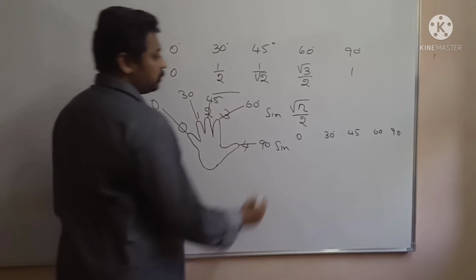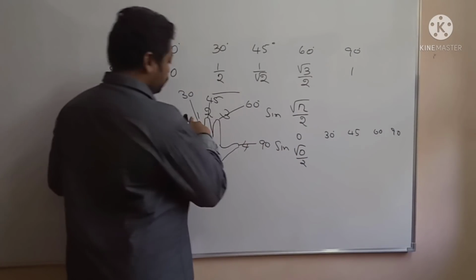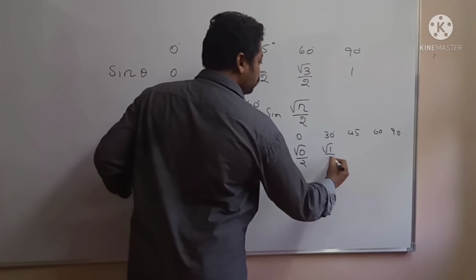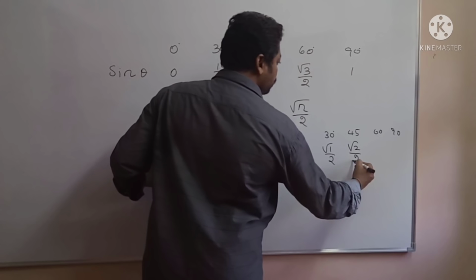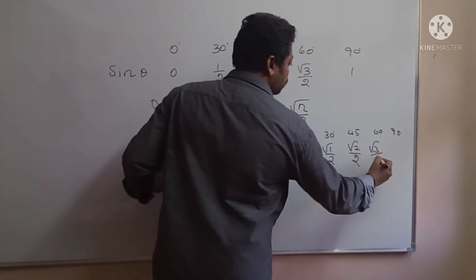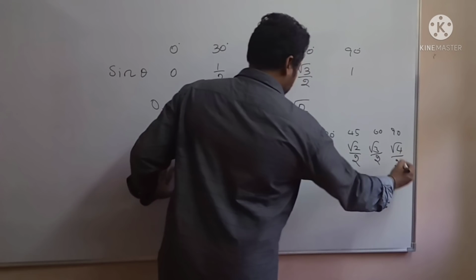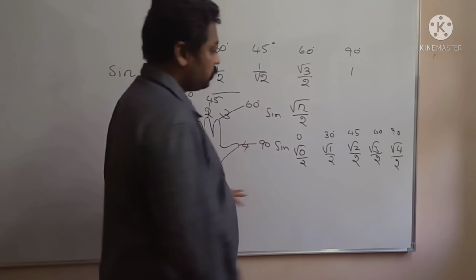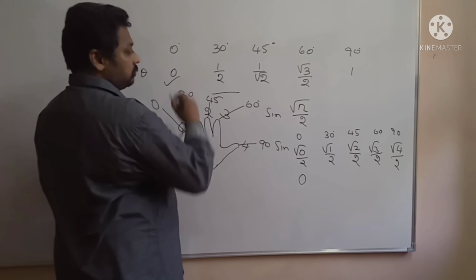For 0, root 0 by 2. For 30 it is 1, root 1 by 2. For 45 it is 2, root 2 by 2. For 60 it is 3, root 3 by 2. For 90 it is 4, root 4 by 2. What is root 0? 0, so 0 by 2 is 0. We got the angle.